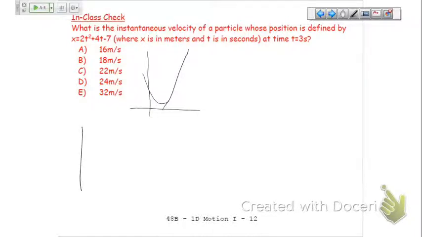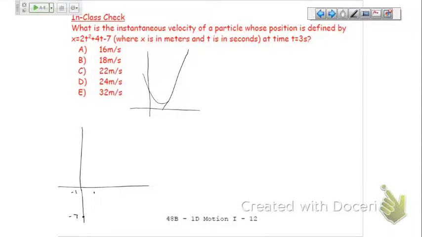But I want this to be a little bit better, so I'm going to cheat a little. Let t equals 0, so that's going to be minus 7.